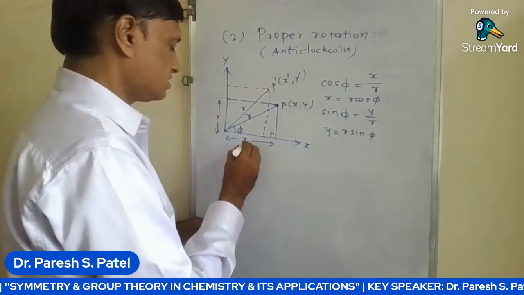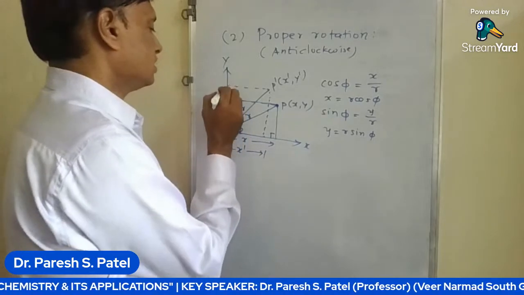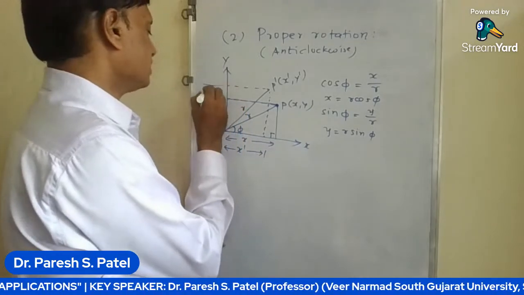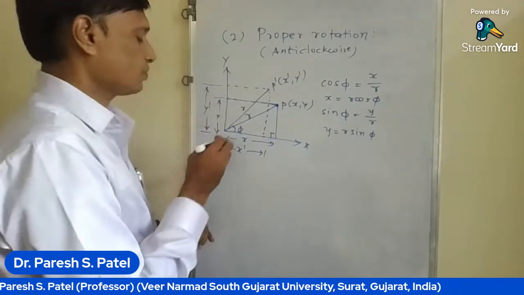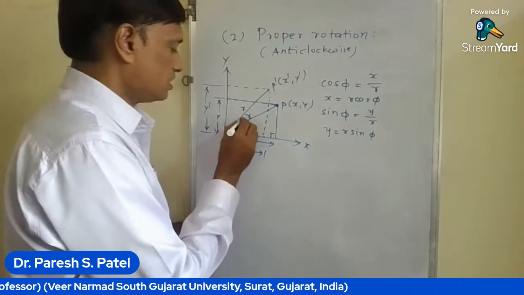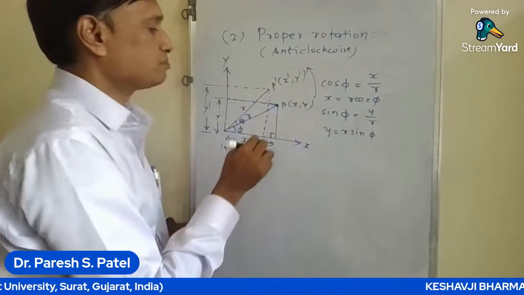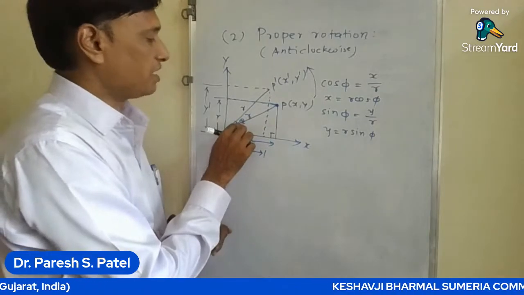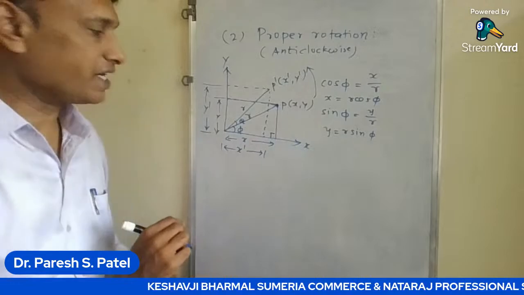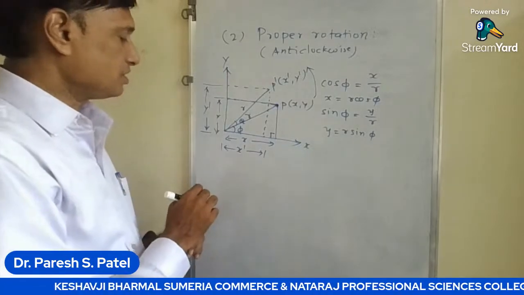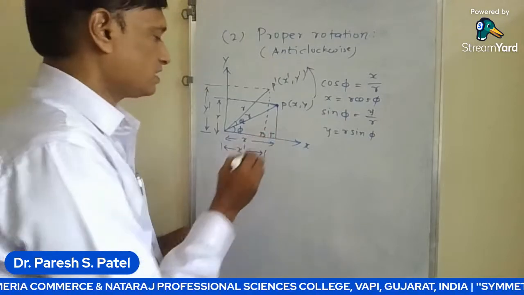Along the x-axis this distance may be x dash, and along the y-axis the distance is y dash, and the angle is theta. If you rotate this vector P by theta, P becomes P dash with the new coordinates x dash and y dash. This can be represented again with a right angle.